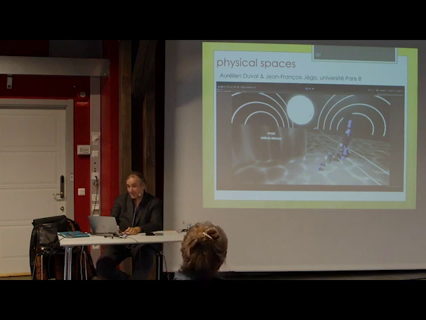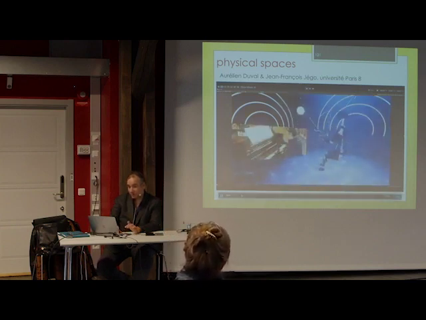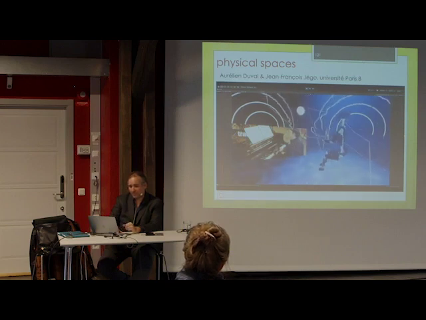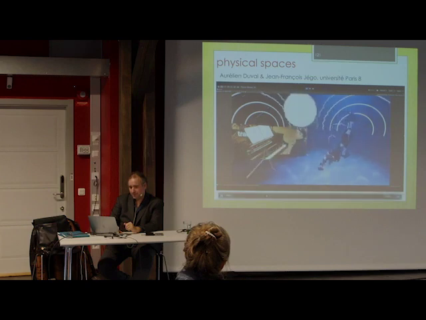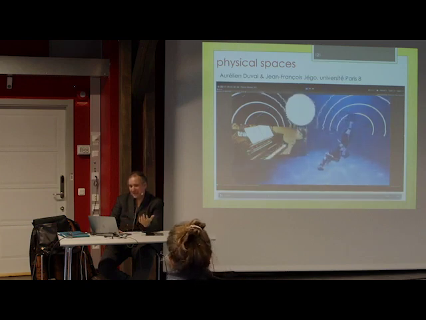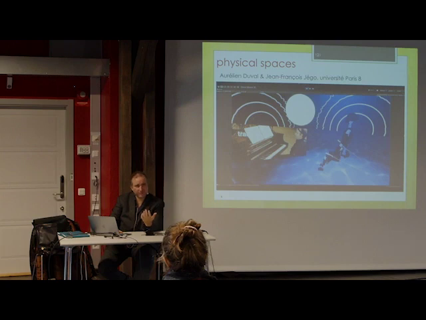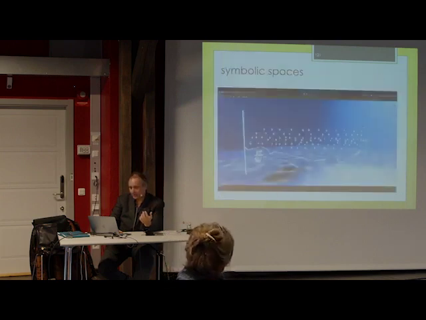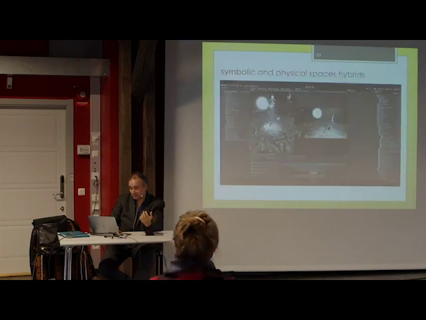And concerning the physical spaces, this is how it looks. So that's a perception from inside the software for the virtual reality, Unity. Those are the symbolic spaces of Xenakis.